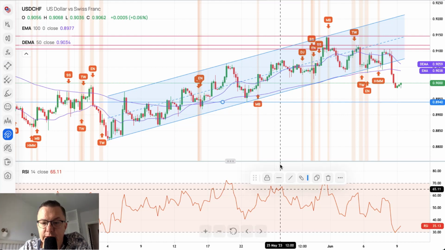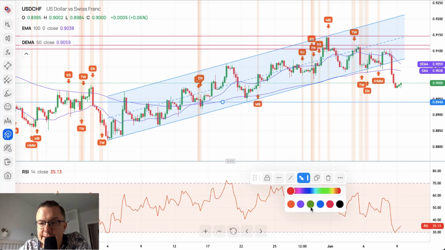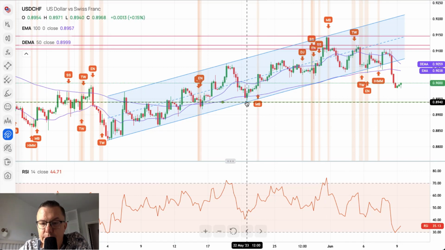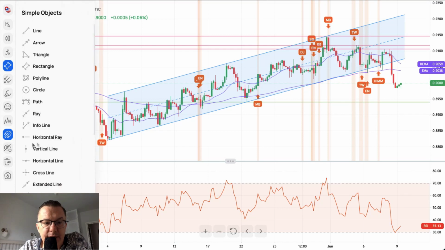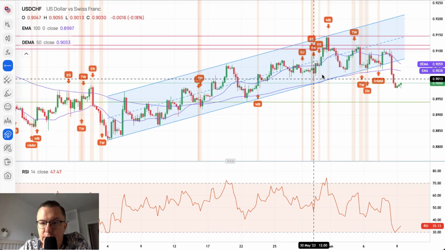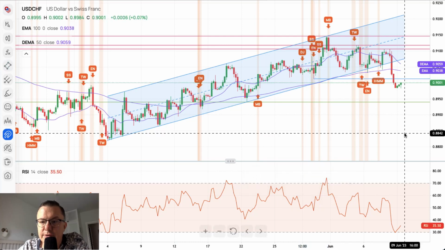Now it's of course the technical resistance. The next target is 8,940. This is the low from May 22nd, 2023, and the immediate technical resistance is still located at the level of 9,013. So the outlook remains bearish.